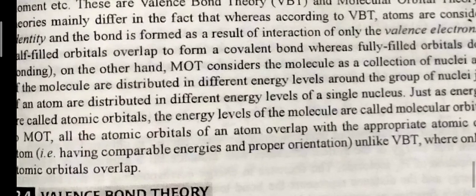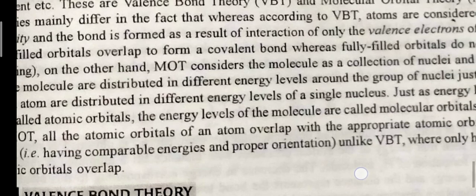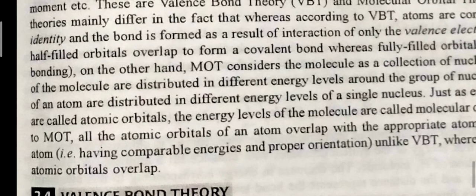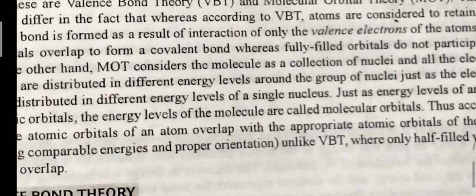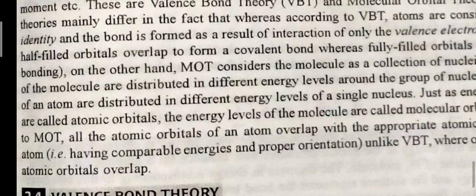Thus, according to MOT, all the atomic orbitals of an atom overlap with the atomic orbitals of the other atom having comparable energy and proper orientation, unlike VBT, where only half-filled valence atomic orbitals overlap.